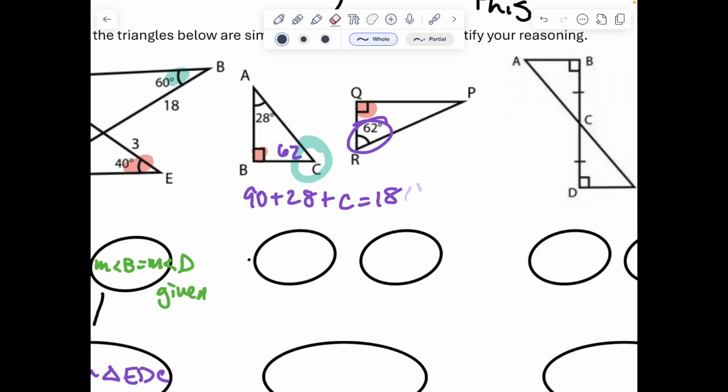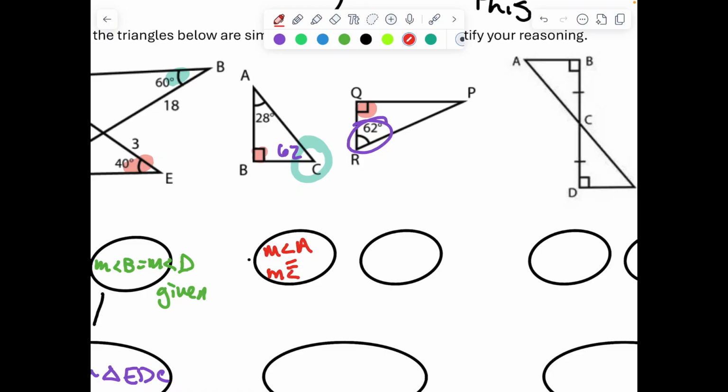So we do have two pairs of equal angles. So I'm going to do angle-angle similarity. The measure of angle A is equal to the measure of angle, I'm sorry, not A, this is B, is equal to the measure of angle Q. And then the measure of angle C is equal to the measure of angle R. And both of those were given to us.